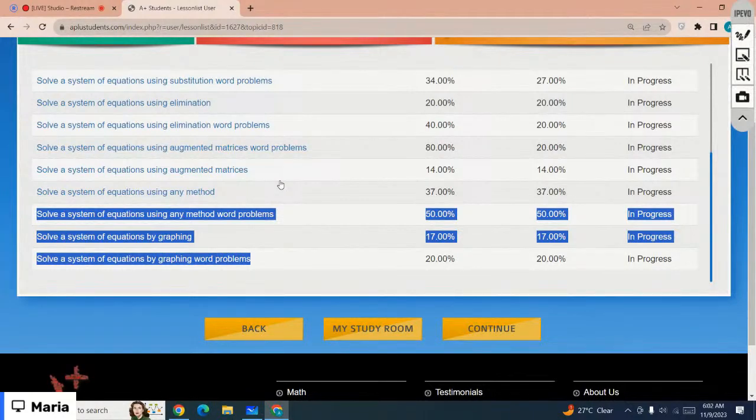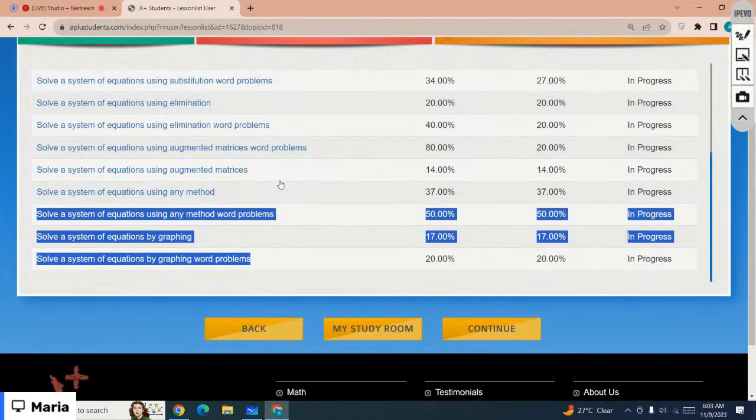So let's just start with the lesson that is solve a system of equations using any method word problems. It's up to you which method you are going to use, right?